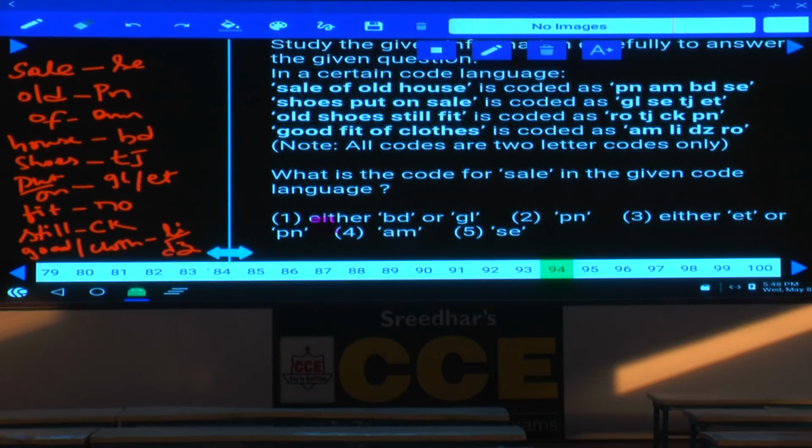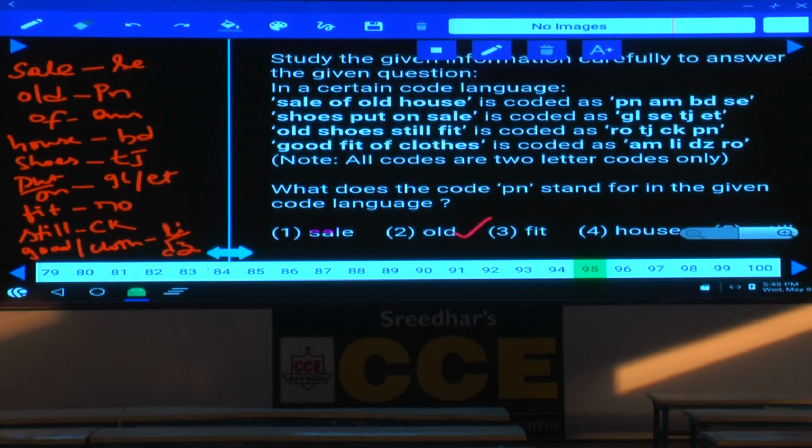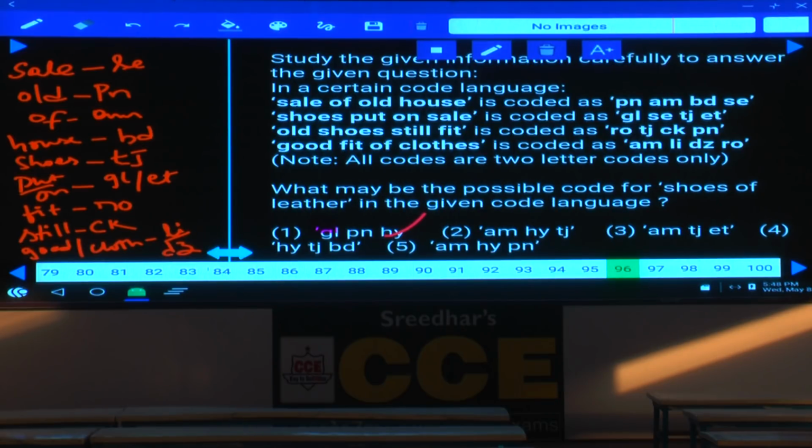Then 94, what is the code for the word sale? Sale is SC, choice 5. Then 95, what does the code PN stand for? PN stands for old, choice 2 is the answer. 95. Then 96, what may be the possible code for shoes of leather? Shoes is TJ and of is AM, TJ, AM, and leather.